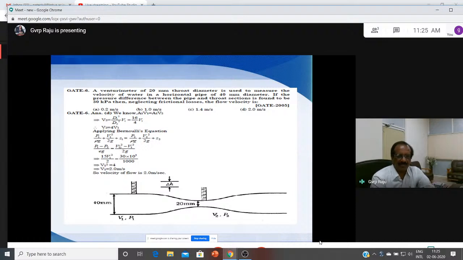V2 you can convert to V1 because V2 is equal to 4V1, so you can find V1 is equal to 2 meters per second. Simple calculations, nothing complicated here. Use the continuity equation and Bernoulli's equation. Z1 is equal to Z2 as long as it is horizontal, so you can neglect Z1 and Z2 if it is horizontal.